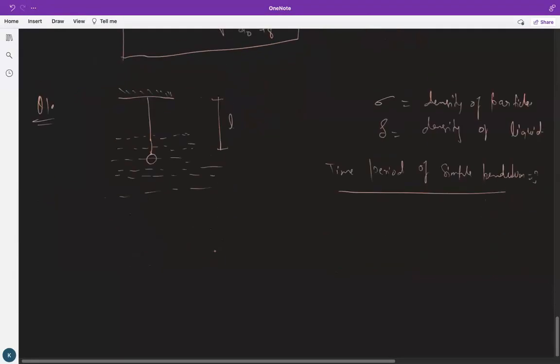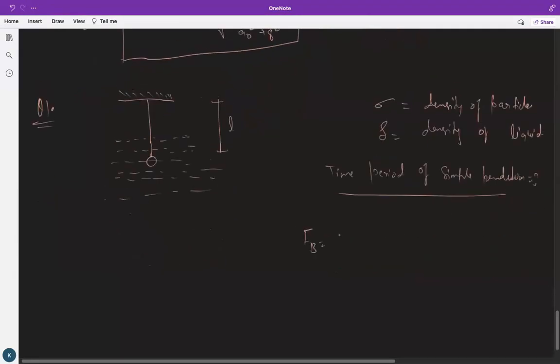Its formula is F_B equals V rho G. Whenever a particle is dipped in a fluid, the fluid exerts a force in the vertically upward direction, known as the buoyant force.